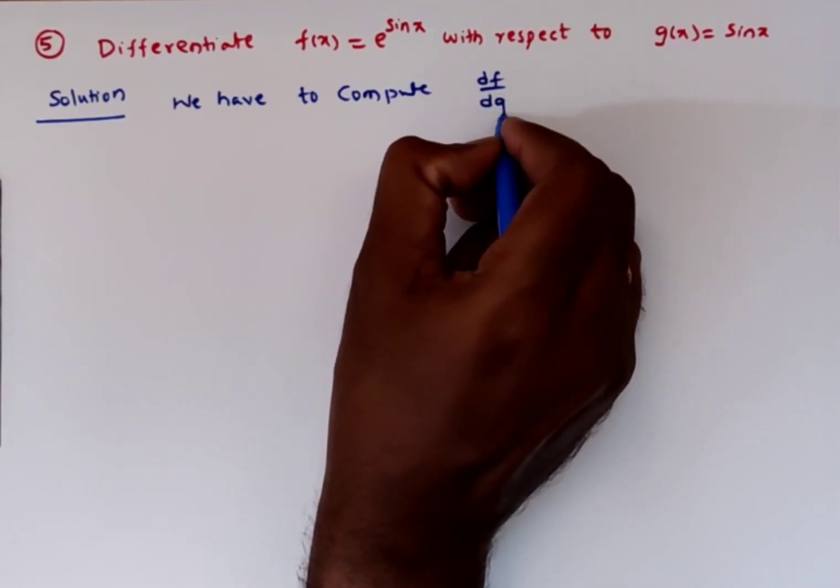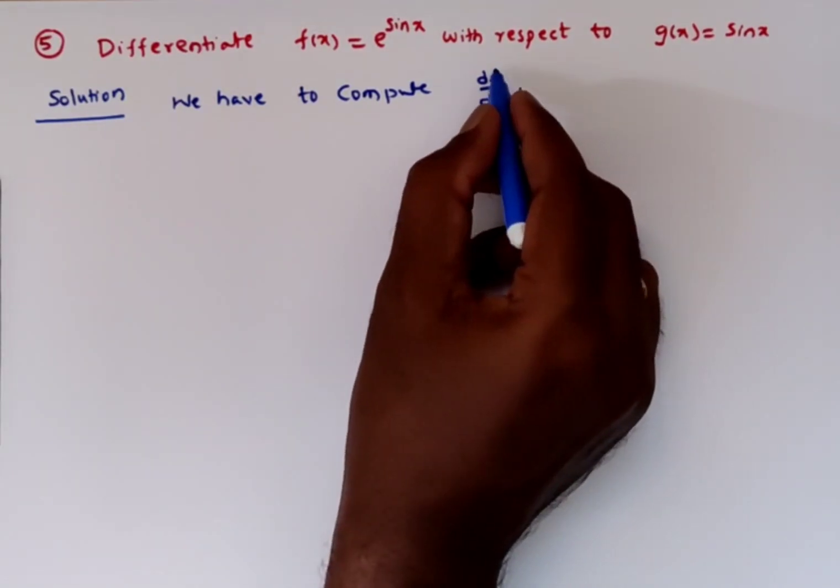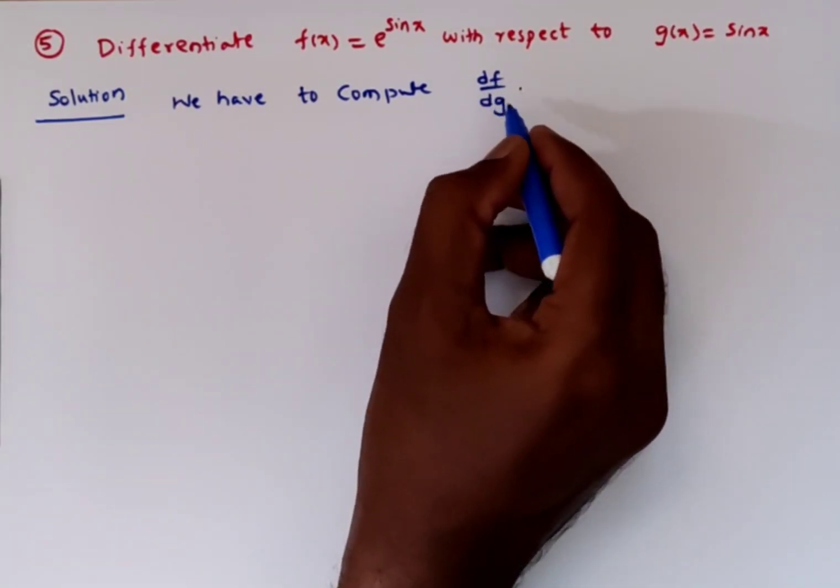So here we need to compute, according to the question, f with respect to g. So it is df by dg. Divide the numerator and denominator by dx. Therefore it is df by dx whole divided by dg by dx.